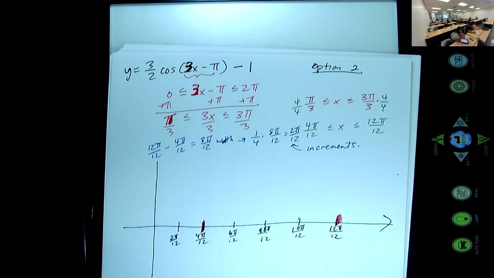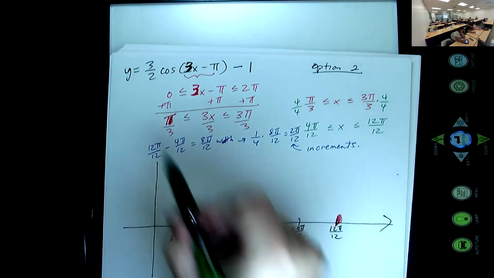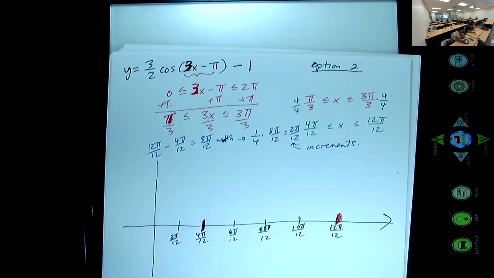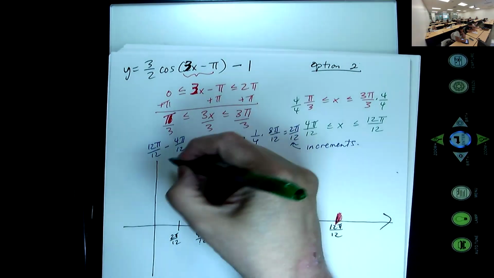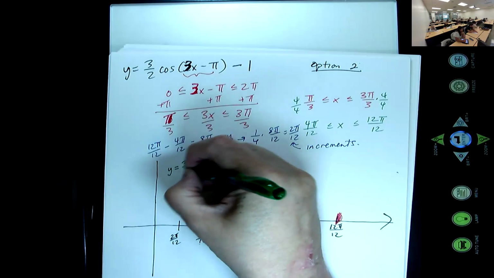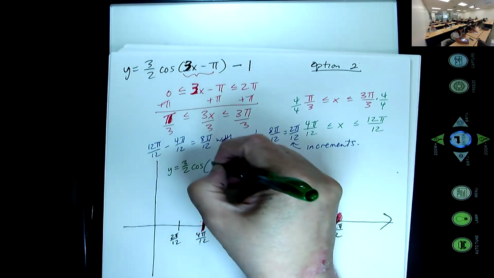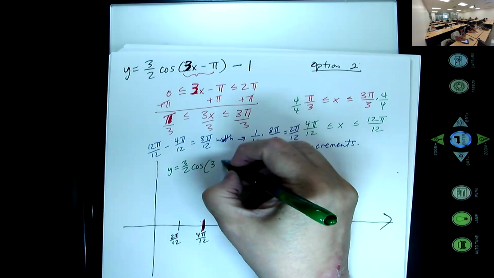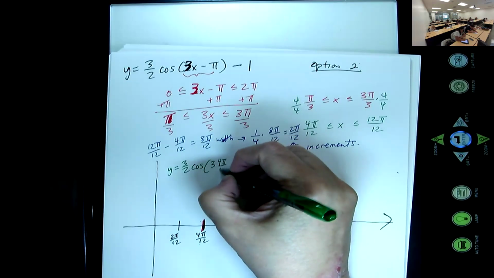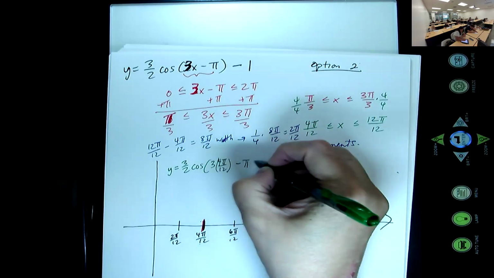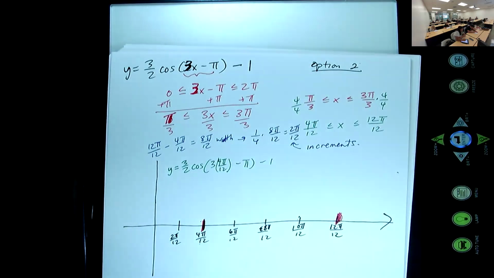At this point, you're plugging these into that equation up there. Let's do the first one here, y equals 3/2 cosine of 3 times 4 pi over 12, minus pi, minus 1, trying to find the y value for it.